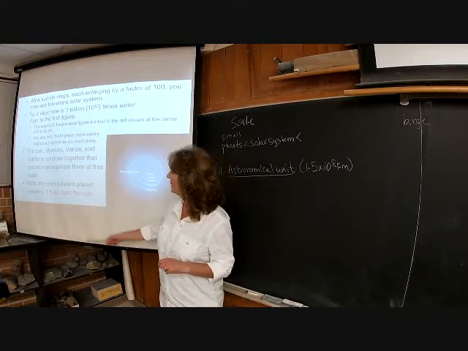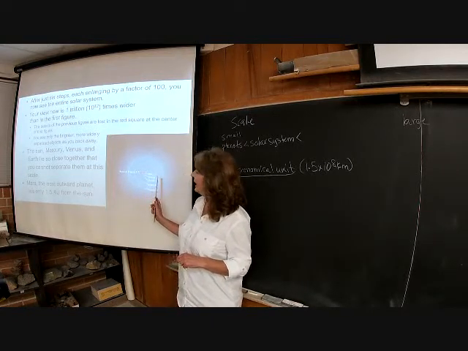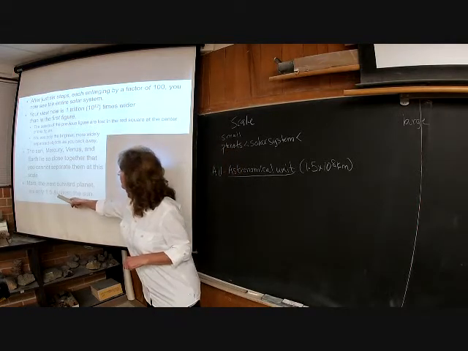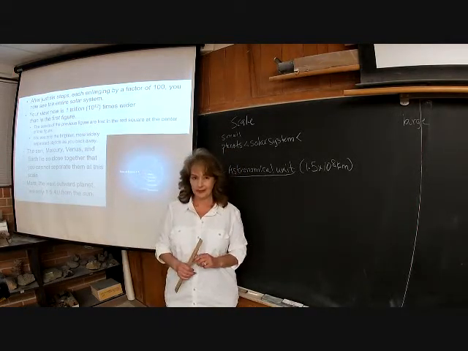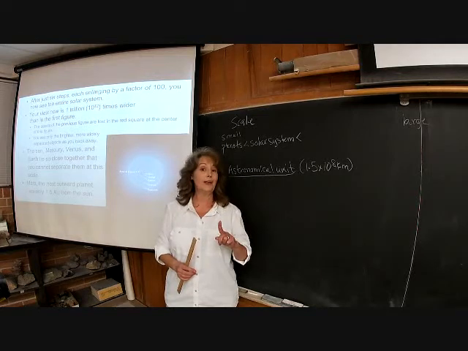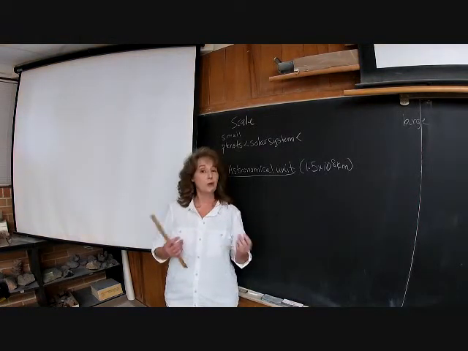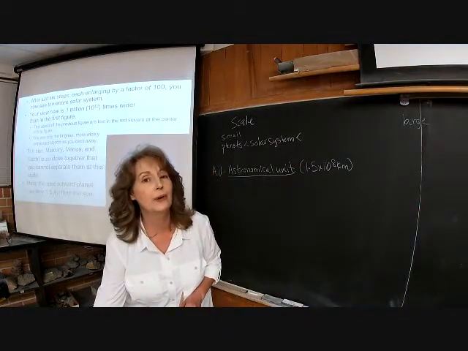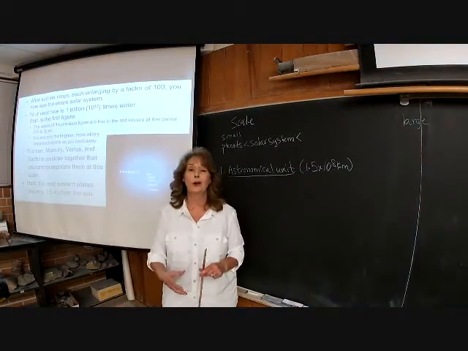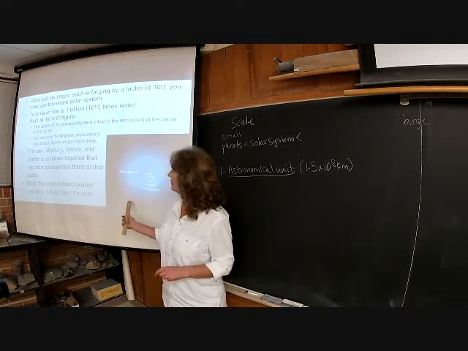Mars is the next one out, which is 1.5 AU from the Sun. So the Earth is 1 AU from the Sun, and Mars is another half of an AU away. So 1.5 AU from the Sun is where Mars is, okay?